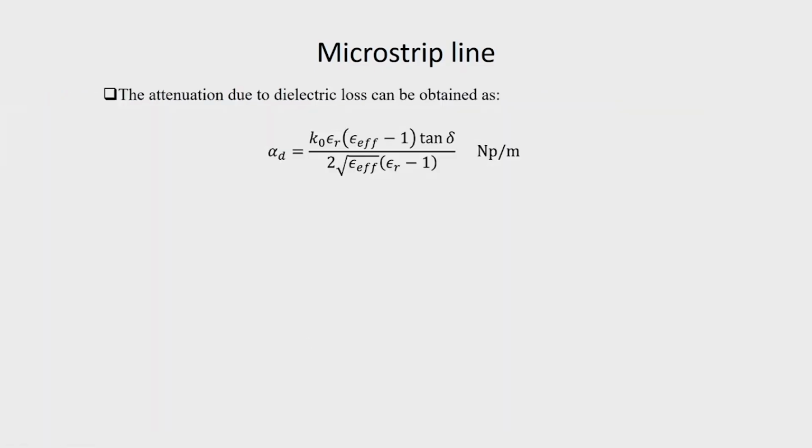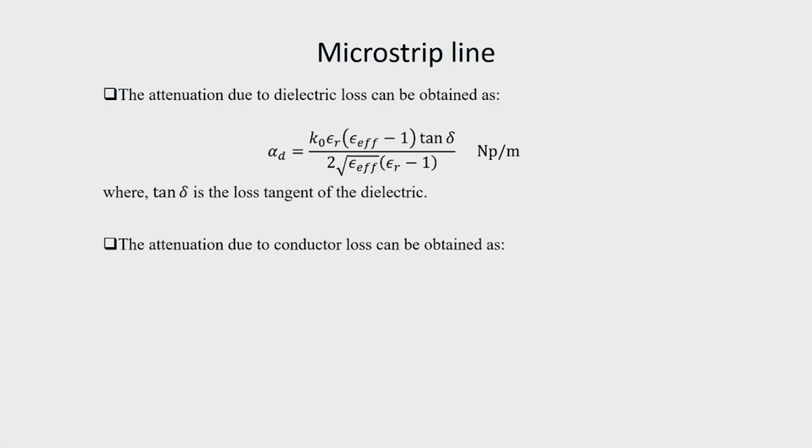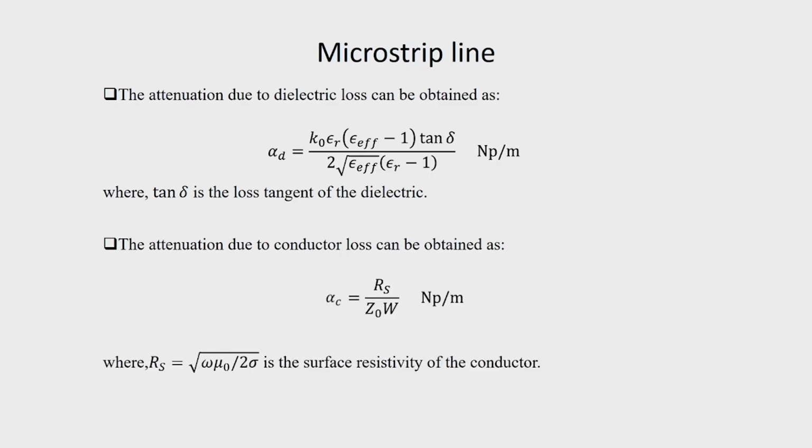So, the attenuation due to dielectric loss can be obtained from the effective epsilon, and this is denoted by alpha d, and we can also estimate the attenuation due to conductor loss, which can be written as alpha c is equal to Rs divided by Z naught W, where Rs is the sheet resistance or the surface resistivity of the conductor.